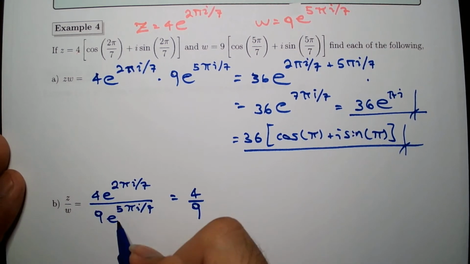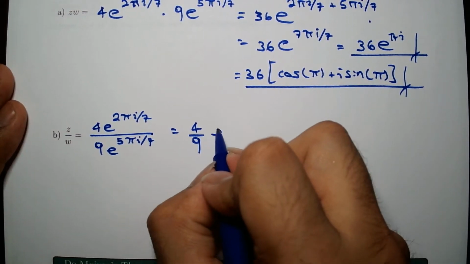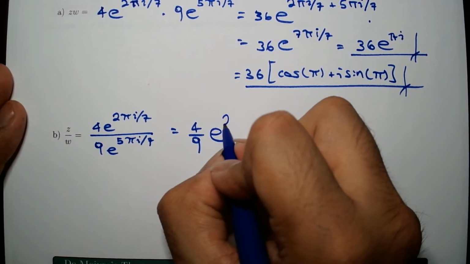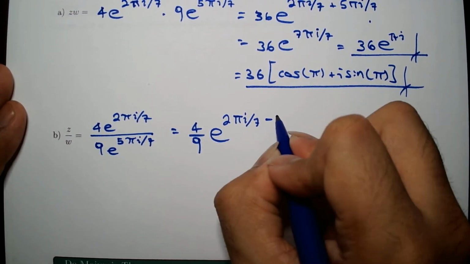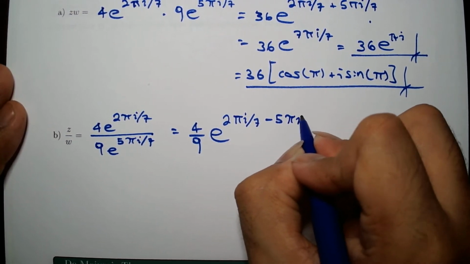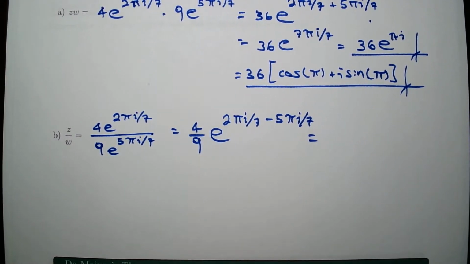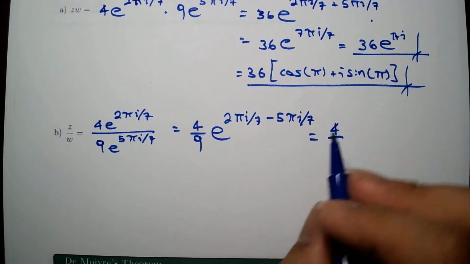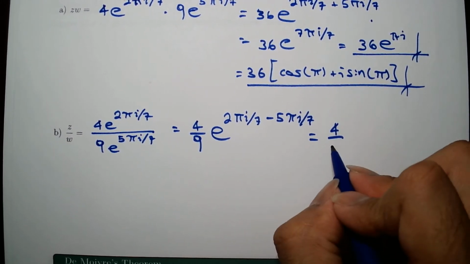And in this case, we're going to use laws of exponents. When we divide the same base, what we do is subtract the exponents: 2 pi i over 7 minus 5 pi i over 7. Be careful with the result for the division in the case that you get a negative angle, because we are going to get a negative angle.